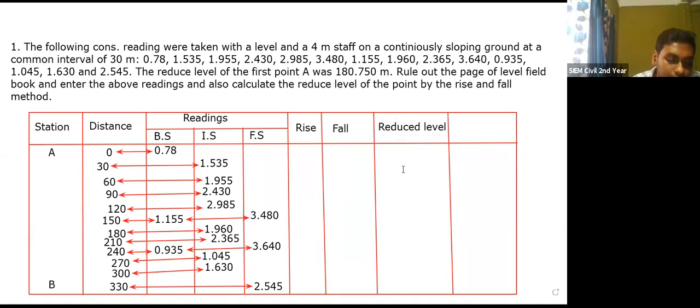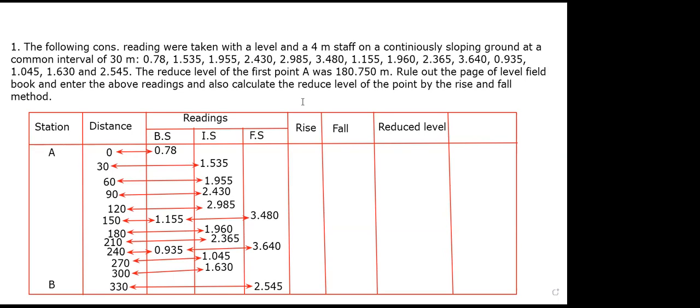Rise, fall, and RL. So no rises here. So all the values are in the downfall direction. So first RL, what is the RL value for the first distance 0? What is the RL value? 180.750. Yes, sir.